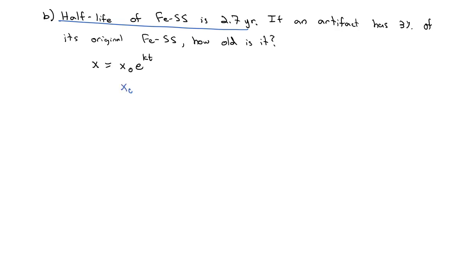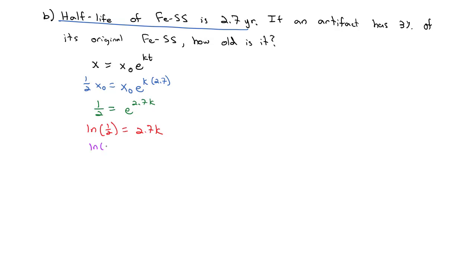That means if we start with x sub 0, we'll have half as much, or half of x sub 0 left, when time is equal to 2.7 years. We can solve this quick enough, almost like our first example. Dividing by x naught, 1/2 is equal to e to the 2.7k. Taking the natural log of 1/2, we get 2.7k.